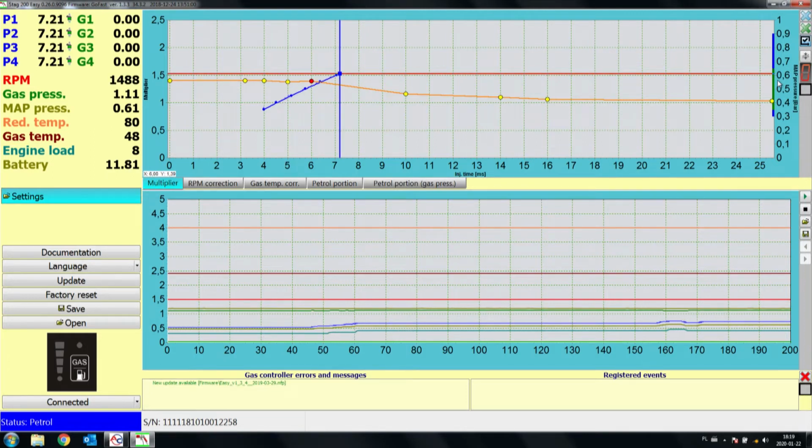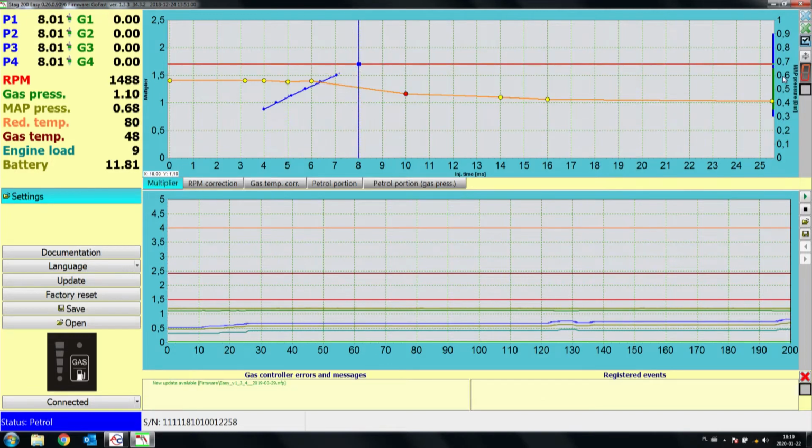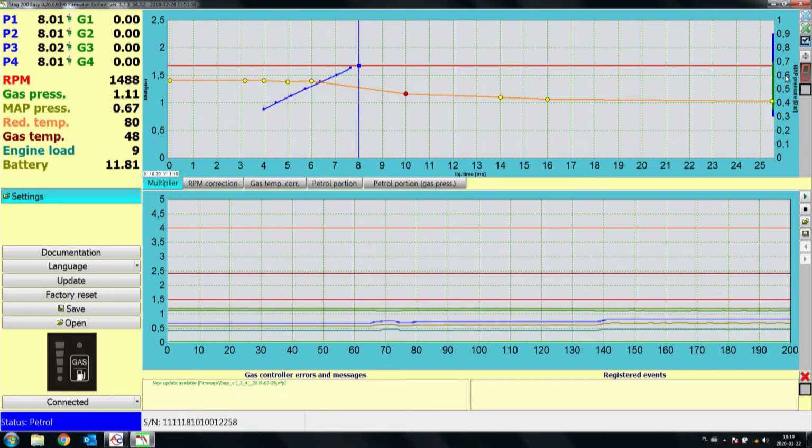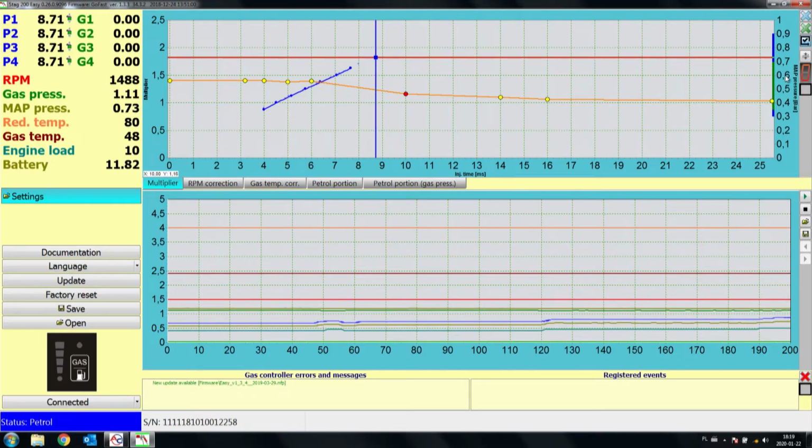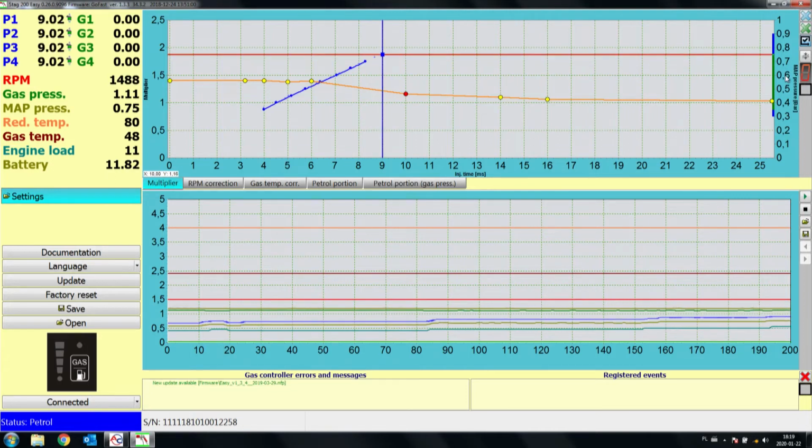That means that we collected the petrol map of petrol injection time connected to absolute pressure in the intake manifold. Once we collected 100% of the petrol map, we can start collecting the gas map. Right now I'm nearly finished with the petrol map.